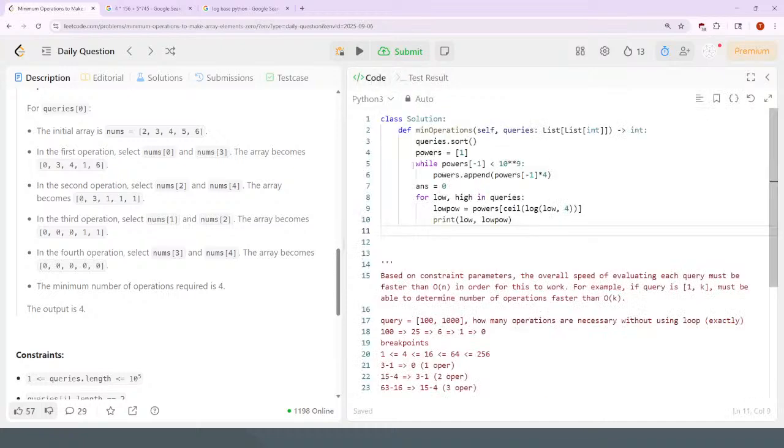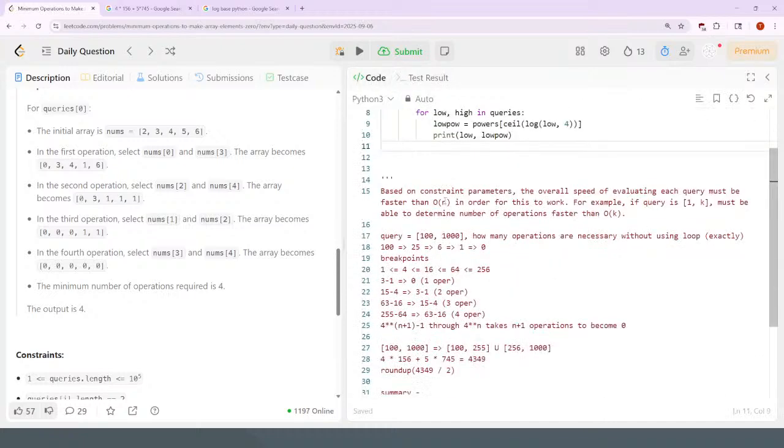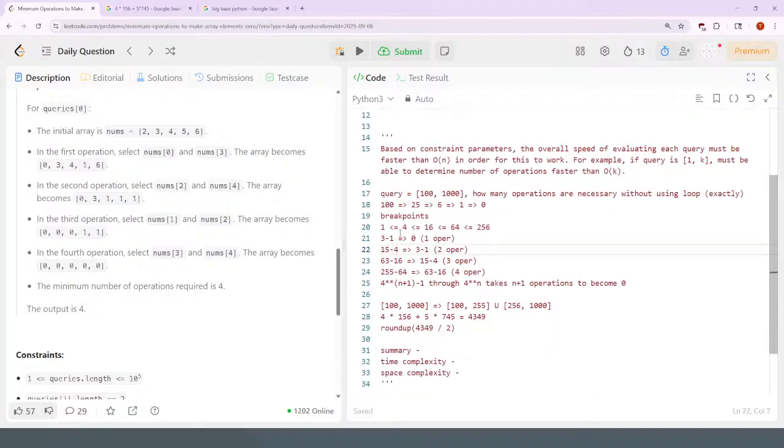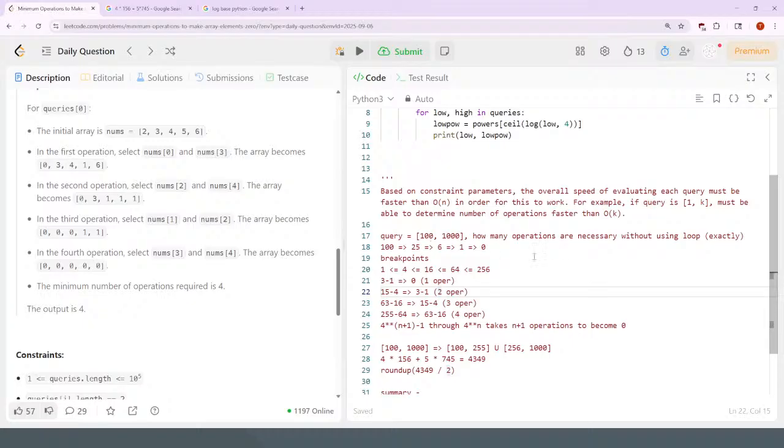Actually, is that what I want? 1 is in the range of 2. How do I want to treat the 1? I want to treat the 1 as in the bucket between 3 and 1, which has 1 operation.